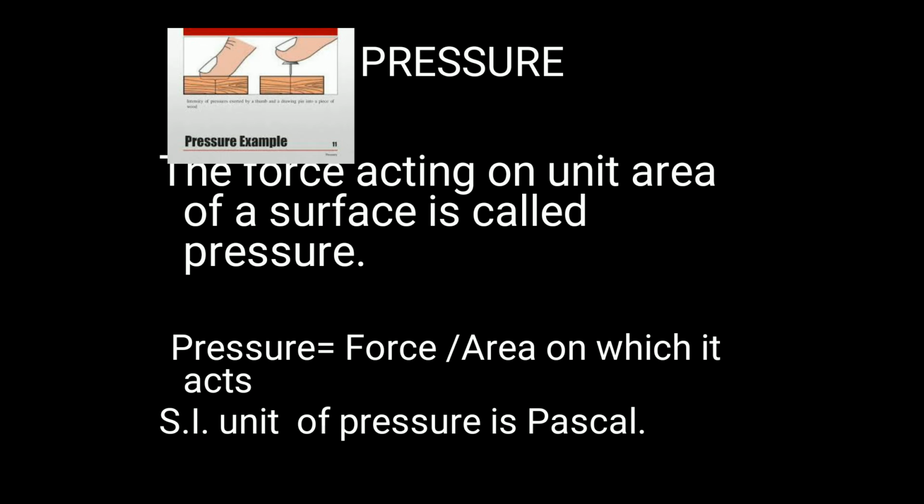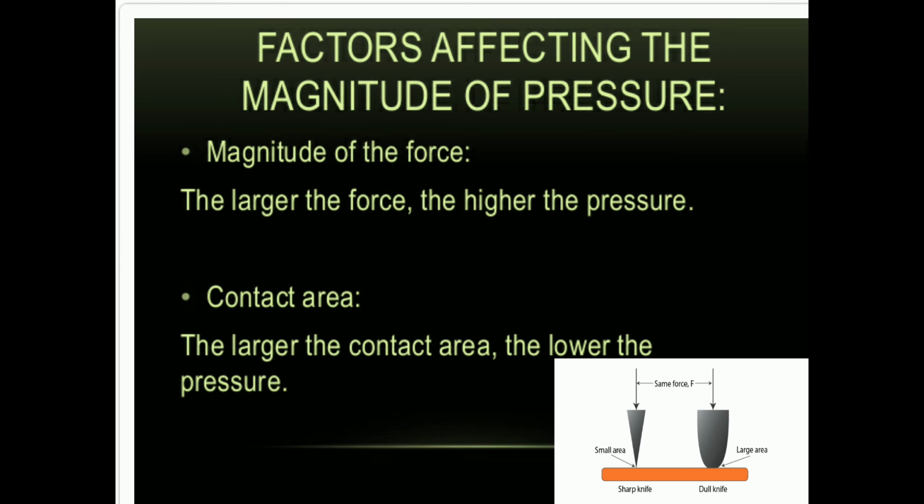Pressure can be defined as the force acting on unit area over a surface. Mathematically, pressure equals force per area. The SI unit of pressure is Pascal. Then what are the factors affecting the magnitude of pressure?